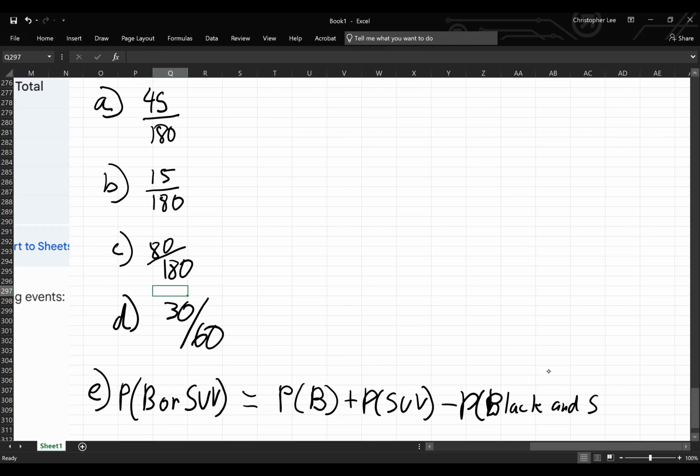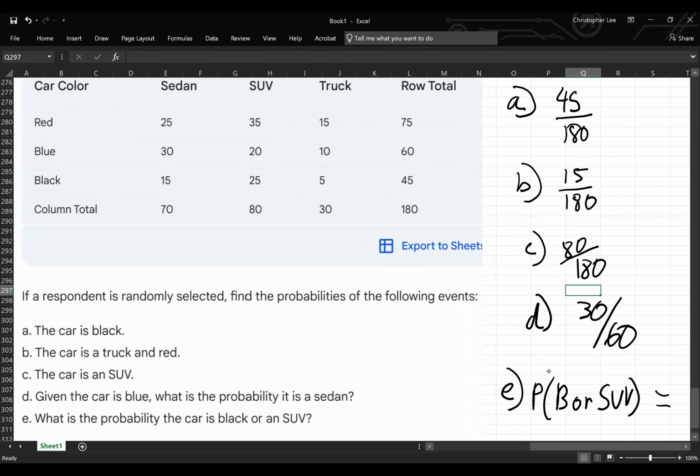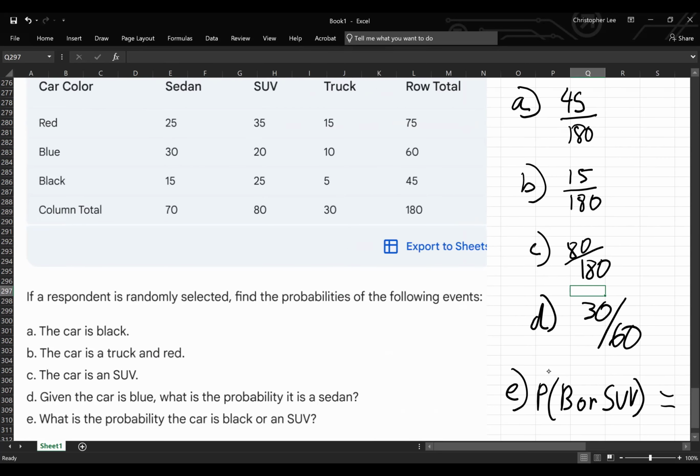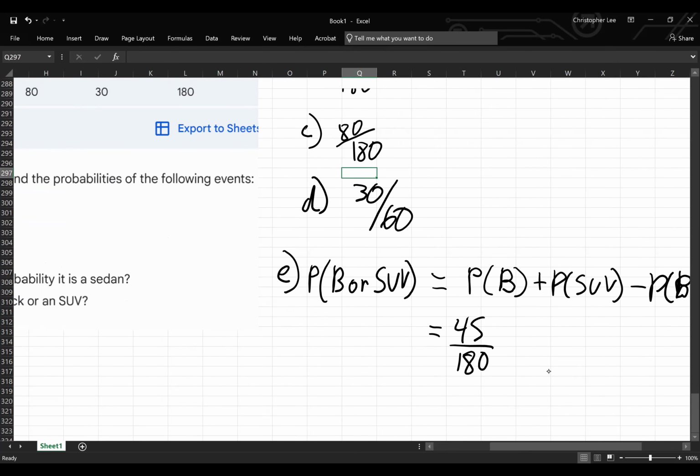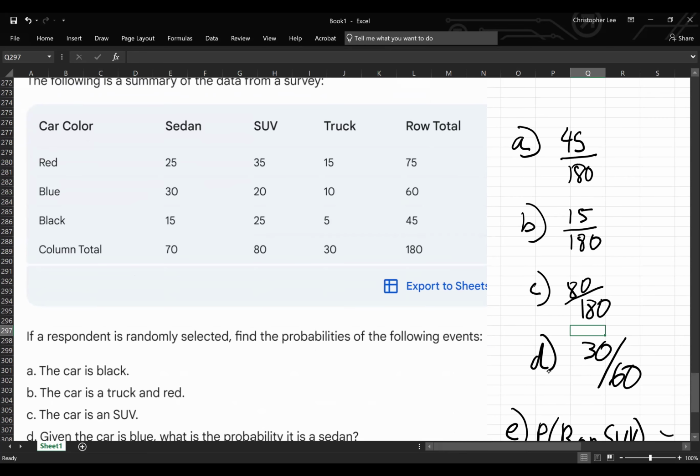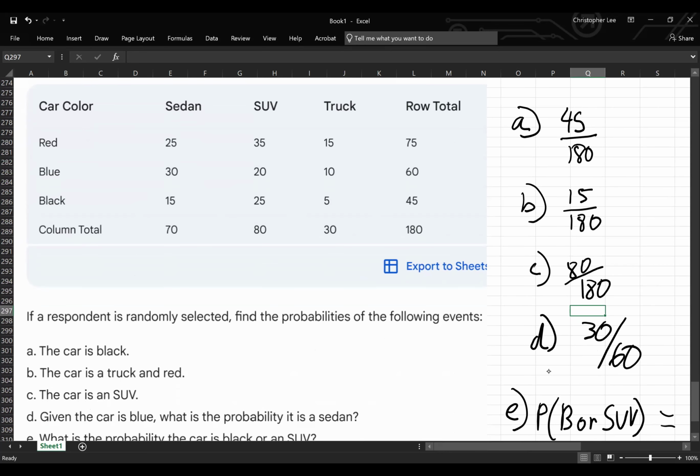So you add back to the chart. What's the probability of black? 15 over total, 180. What's the probability of SUV? 80 over 180.